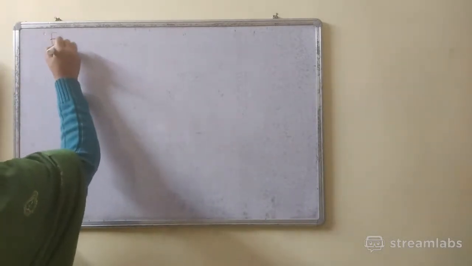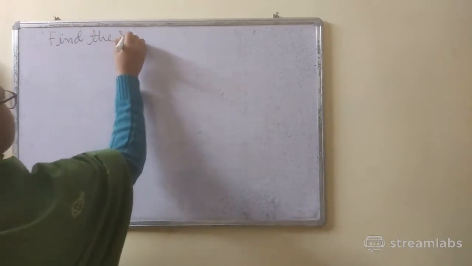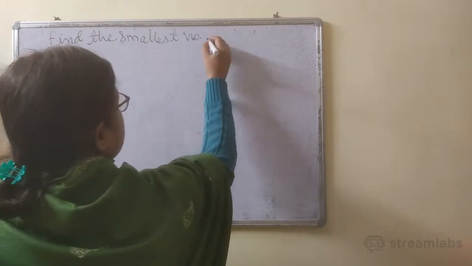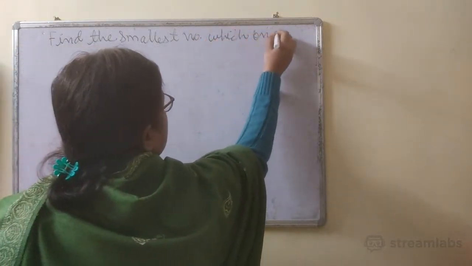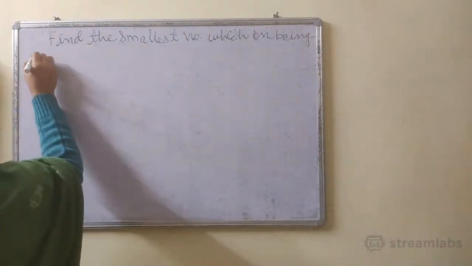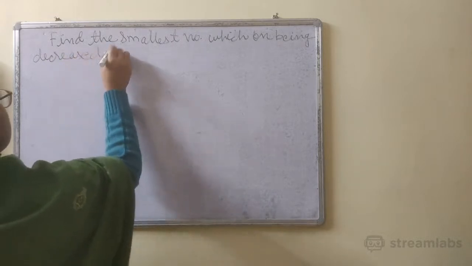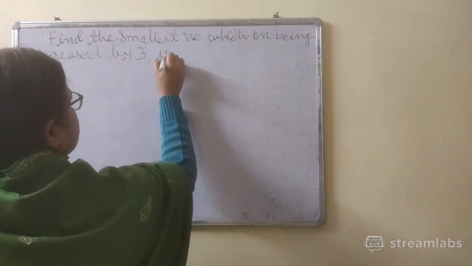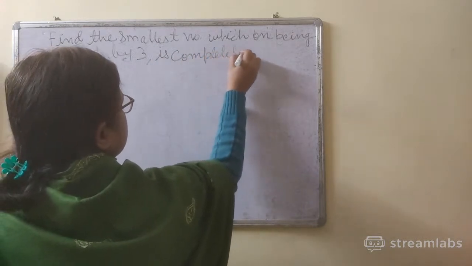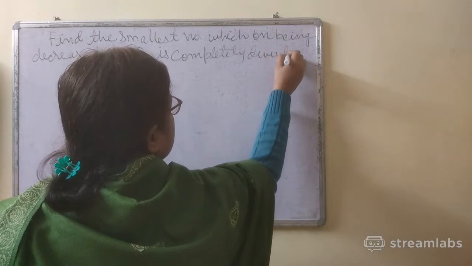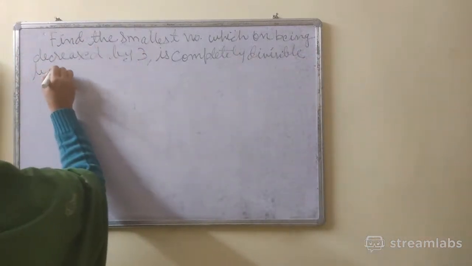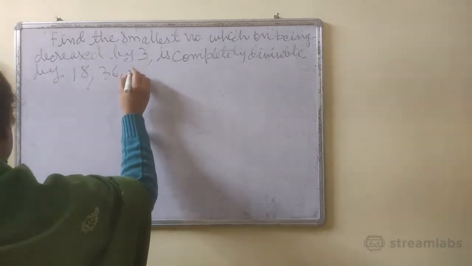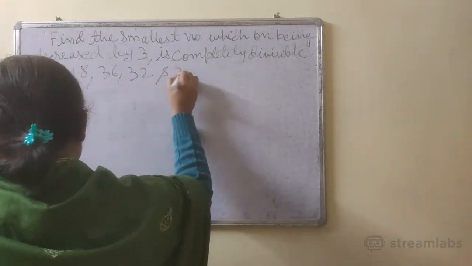Find the smallest number which on being decreased by 3 is completely divisible by 18, 36, 32 and 27.